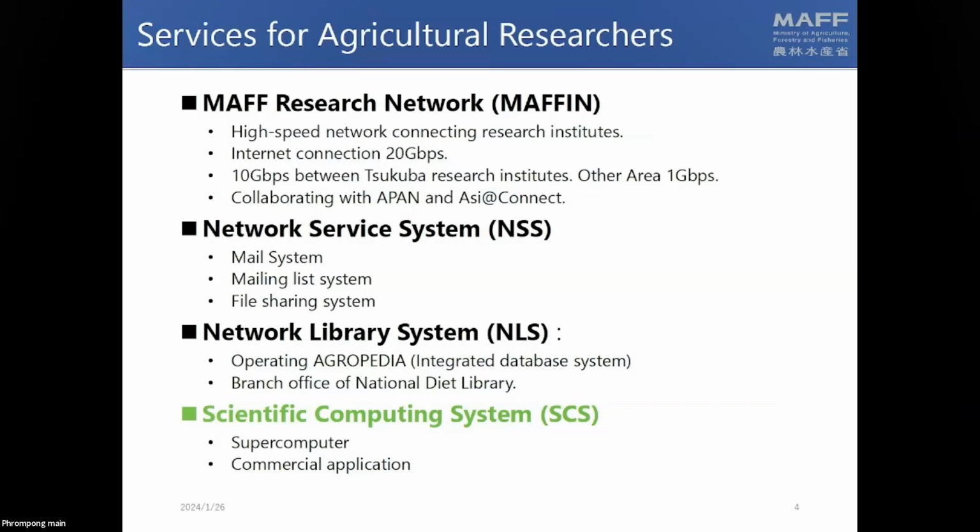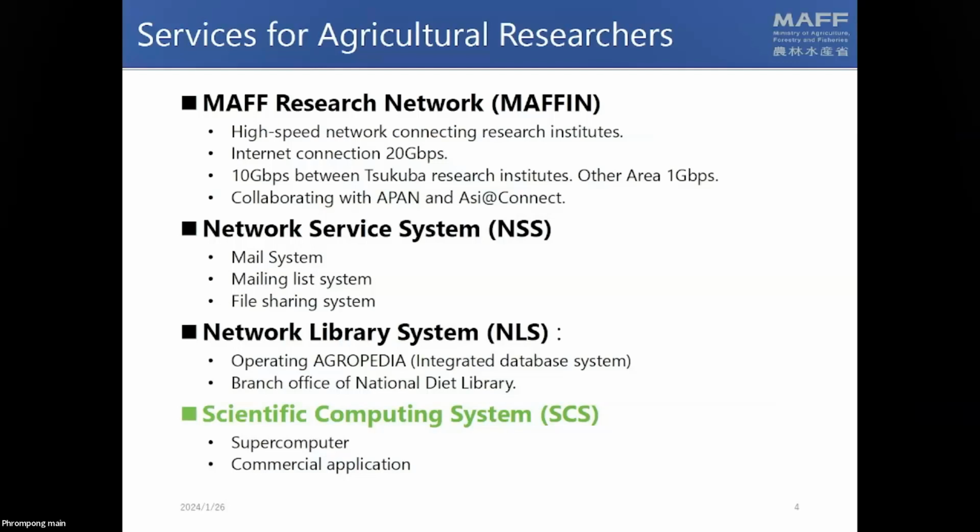NSS, the Network Service System, operates services such as a mail system, mailing list system, and file sharing system that are available for MAFF's research institutes. Users can prepare mailing lists freely and share wikis and files among members of the mailing list.